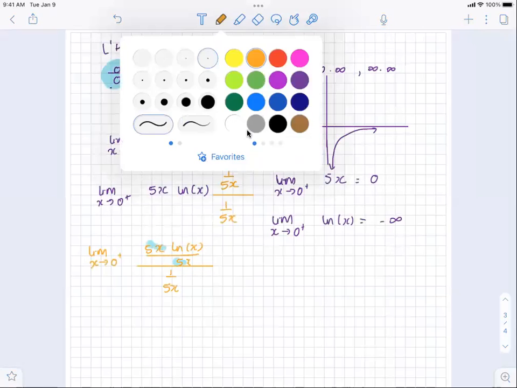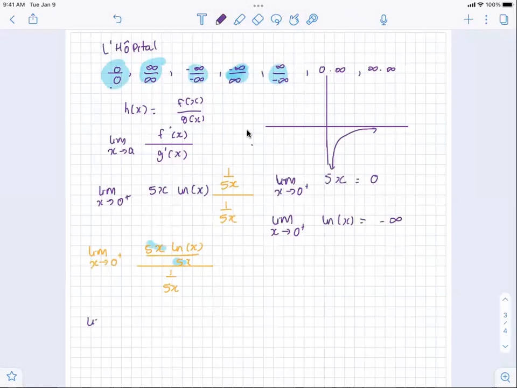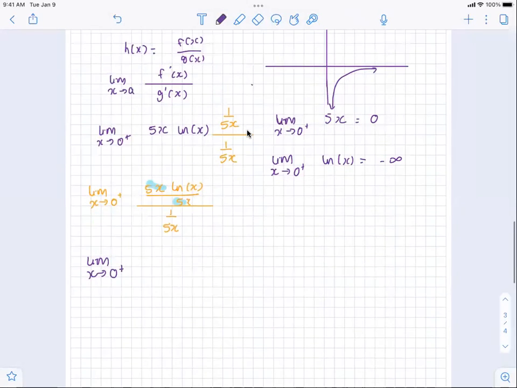Now what you have left is the limit as x approaches 0 from the right-hand side of the natural log of x divided by 1 over 5x, right?